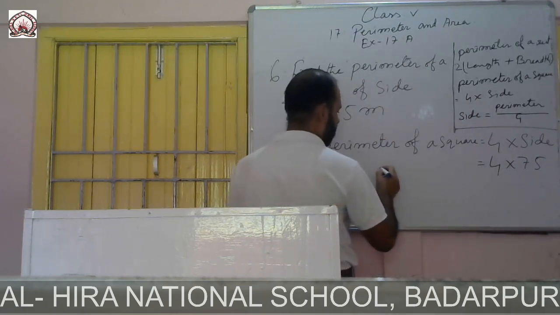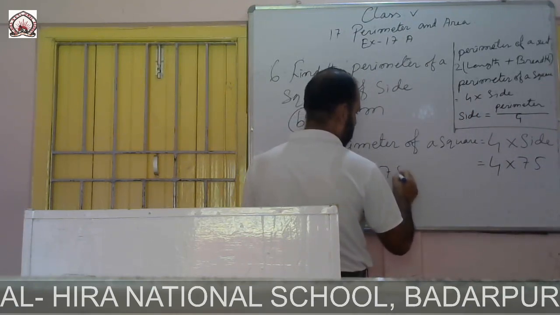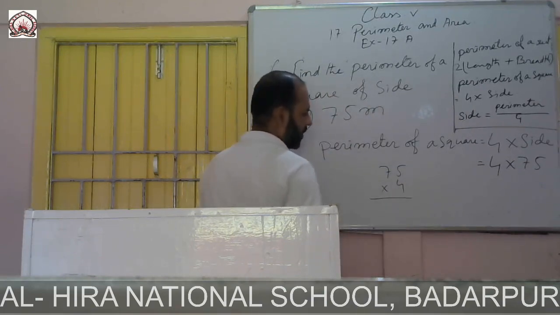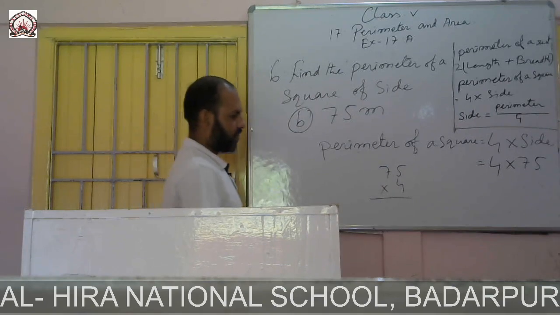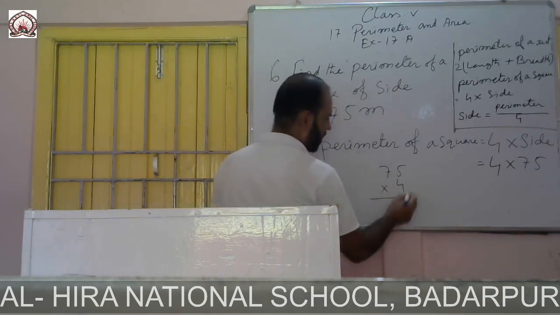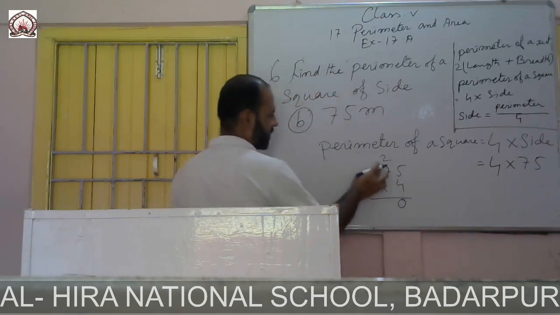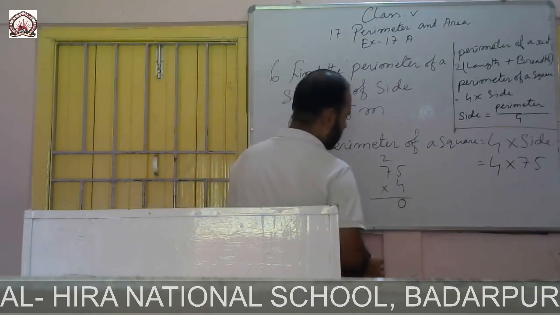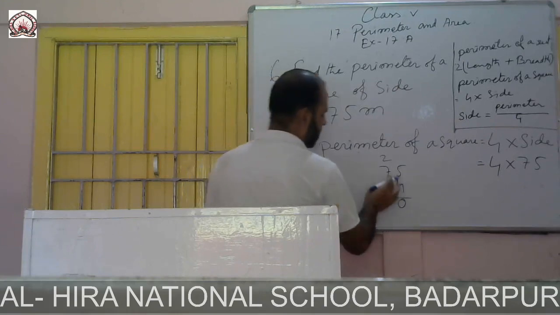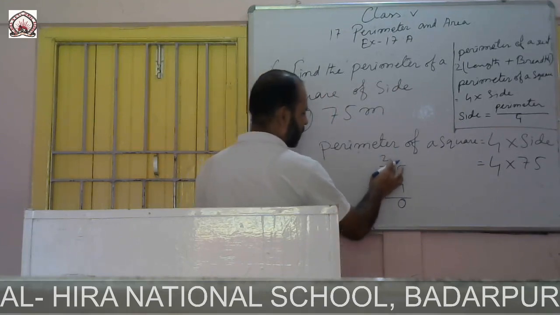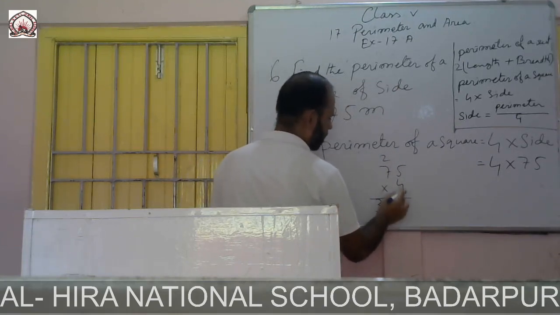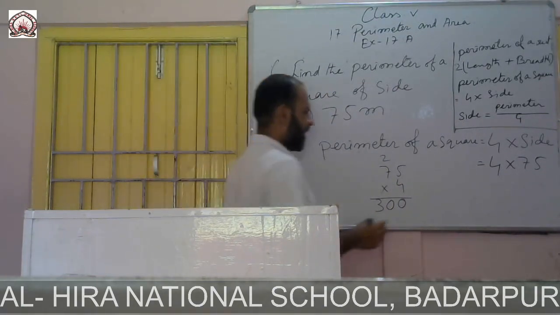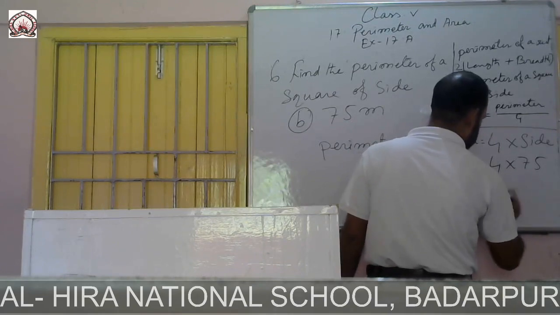So 4 into 5: 4 fives are 20, 0 and 2 in my hand. 4 sevens are 28, plus 2 is 30.